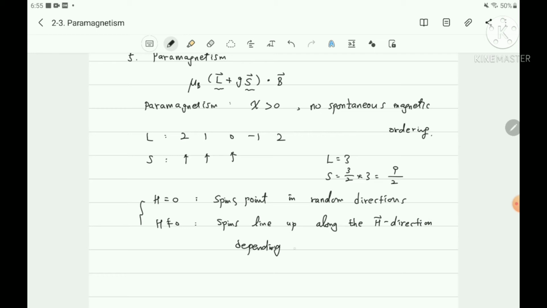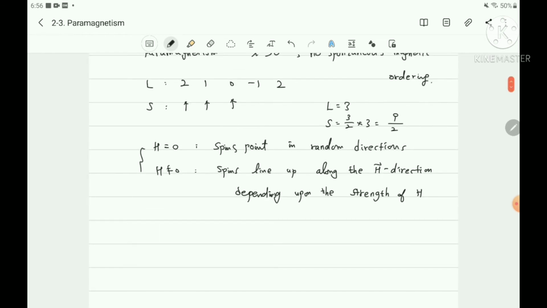Depending upon the strength of the field, the total angular momentum is plus or minus S. It is the total angular momentum.